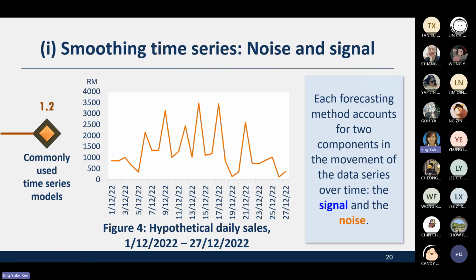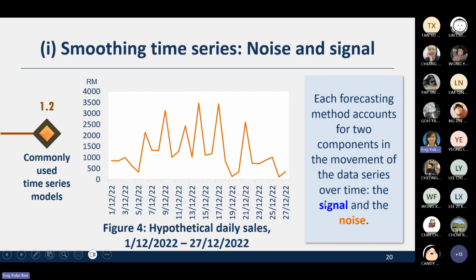As mentioned, each forecasting method accounts for two components. One is the signal, one is the noise. Signal, remember, is the drift. Drift is the direction. Go up or go down. You always think about your boss. Hey, sales how? Up or down? Or stock market today how? Up or down? So you want to know the signal.